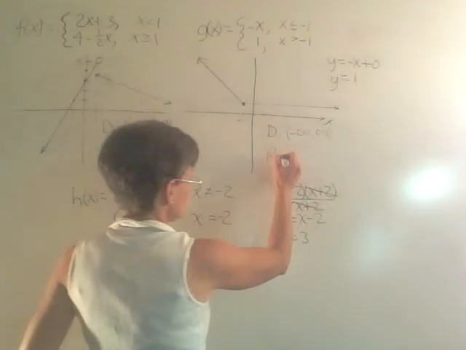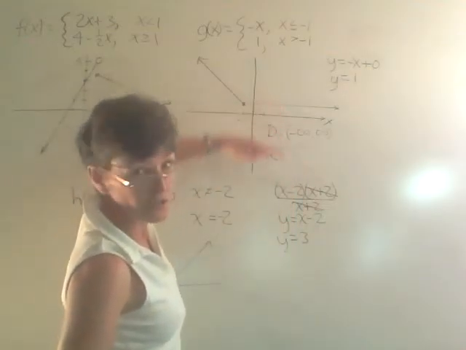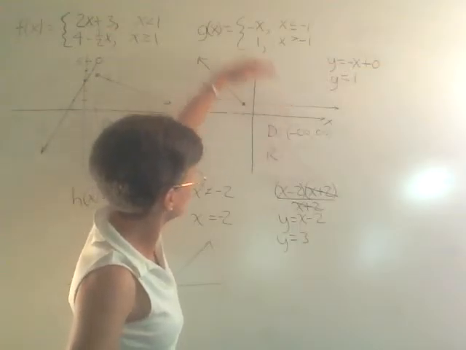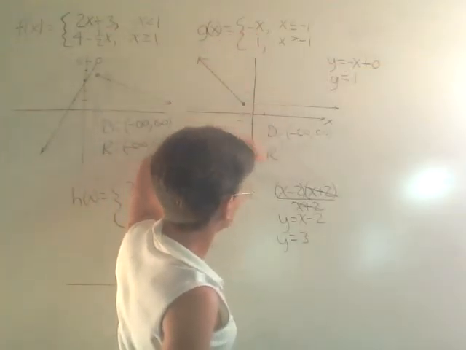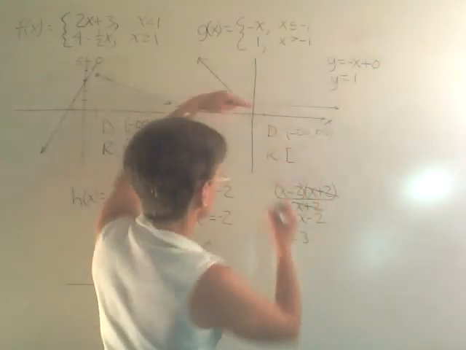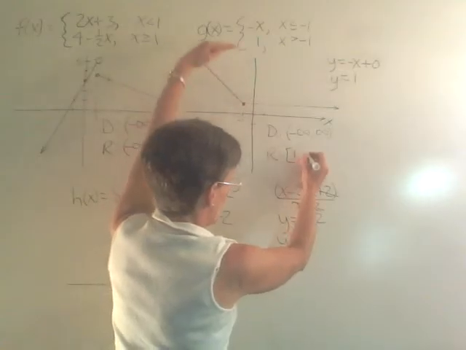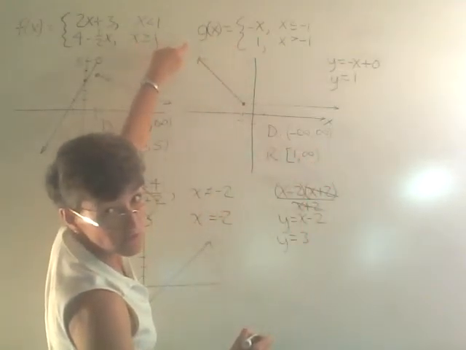Now, the range, however, I have none of my curve under here. All of my curve is from this point up. Well, this y value right here, remember range is your y, this y value is 1. So my y values go from 1 all the way up to +infinity. This is going to keep going on and on forever.